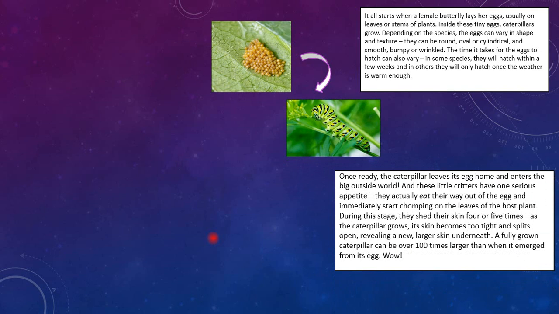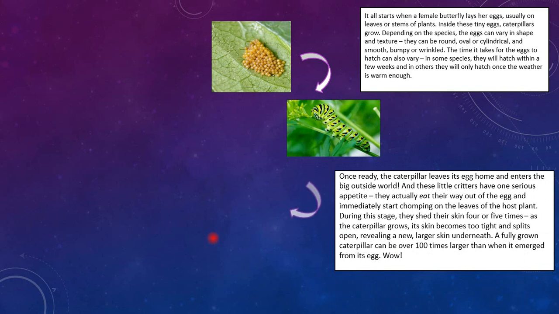During this stage, they shed their skins 4 or 5 times as the caterpillar grows. Its skin becomes too tight and splits open, revealing a new, larger skin underneath. A fully grown caterpillar can be over 100 times larger than when it emerged from its egg.